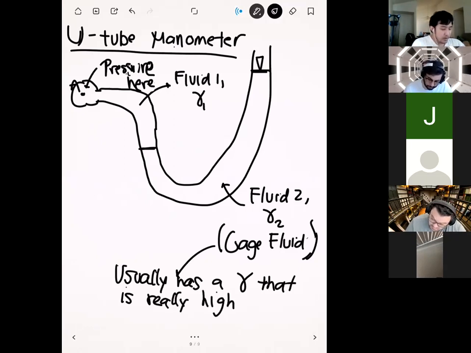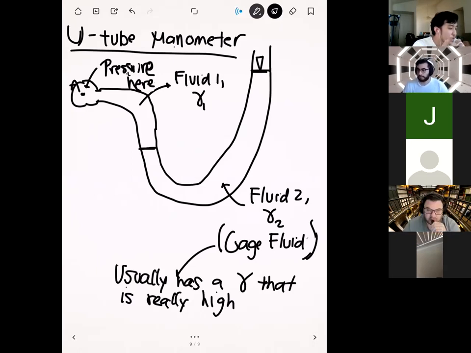Okay. And so just a little bit of trivia. One of the most common gauge fluids, which was actually used in the medical industry quite a lot, was liquid mercury. Okay. And so the advantage of liquid mercury is that at room temperature, mercury is actually a liquid, which is nice. But also liquid mercury is insanely dense.